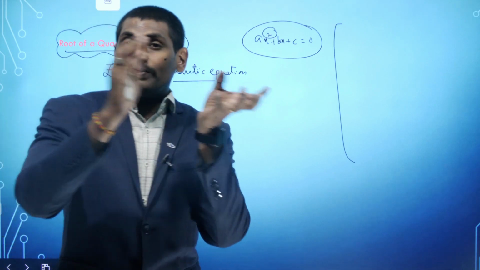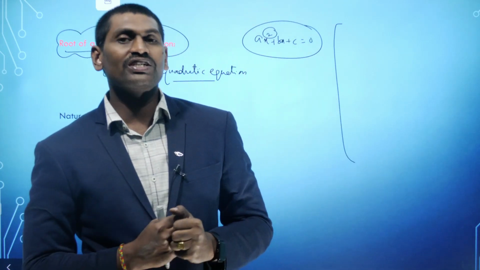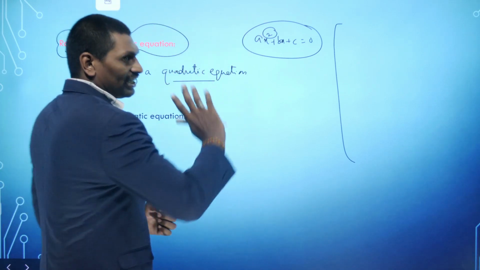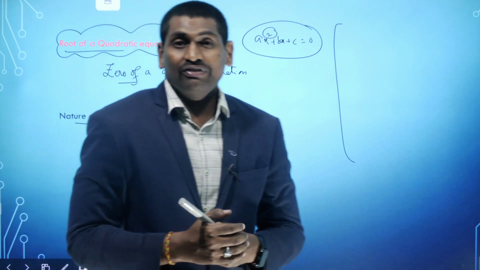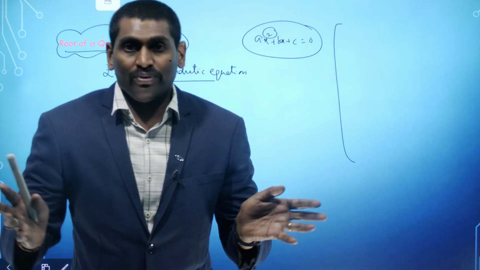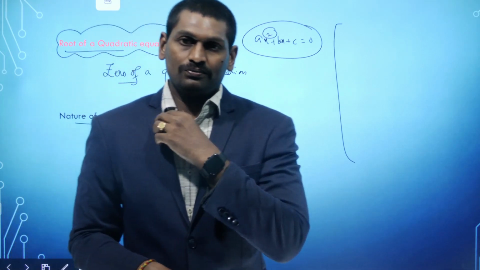If you take a cubic equation, there are 3 roots. That means if you take any quadratic equation and substitute real numbers in the place of x, definitely it will give 2 real numbers as answers for which the value is 0. Okay, right?